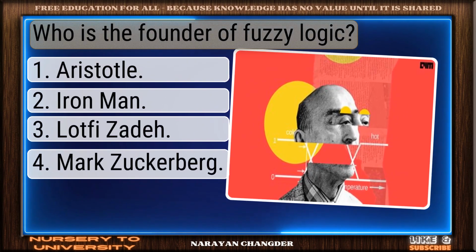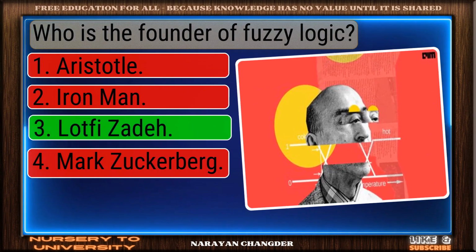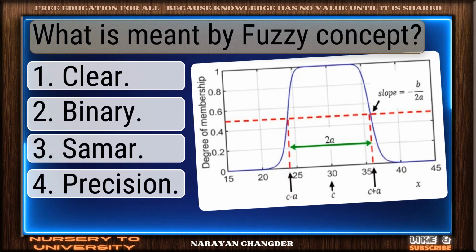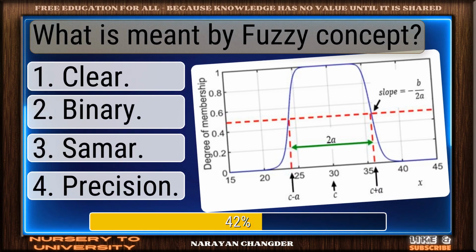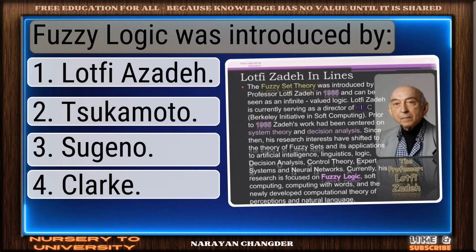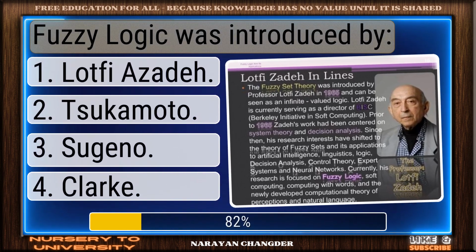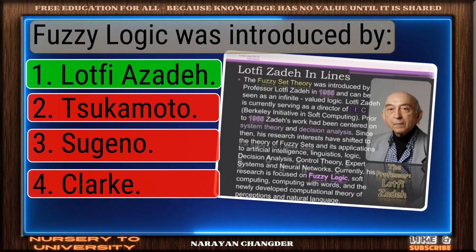Who is the founder of fuzzy logic? Solid response. Lotfi Zadeh is a valid choice. Question number 39. What is meant by fuzzy concept? Valid point. Same is true. Question number 40. Fuzzy logic was introduced by. You got it. Your choice, Lotfi Zadeh, is right.